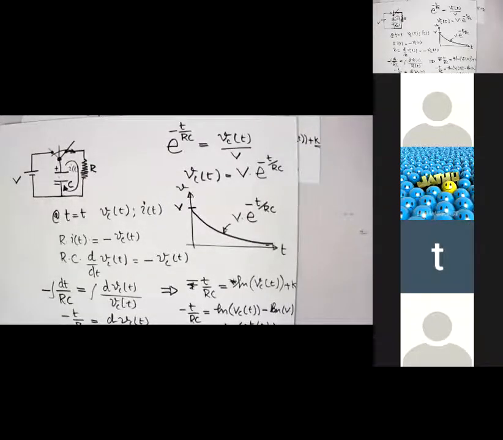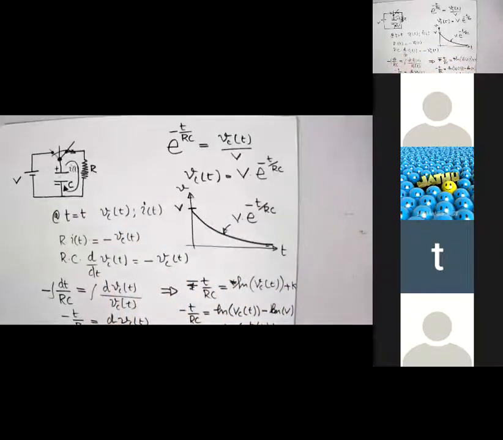Excuse me, sir. K is equal to plus L and V. You put minus L and V. This is plus K, no?